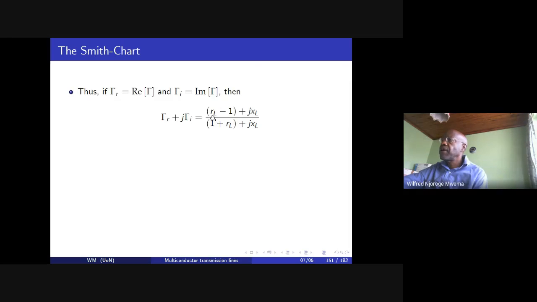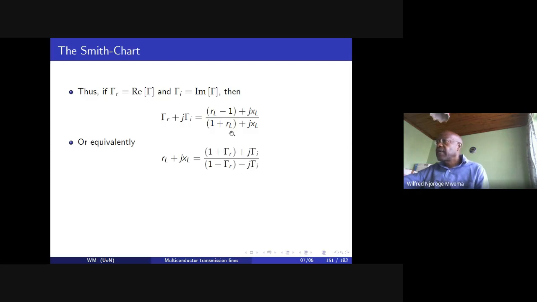That's why we have RL minus 1 over 1 plus RL plus JXL. So this is normalized to Z naught. RL is just the big RL divided by Z naught. XL is the big XL divided by Z naught, where those are the reactances.